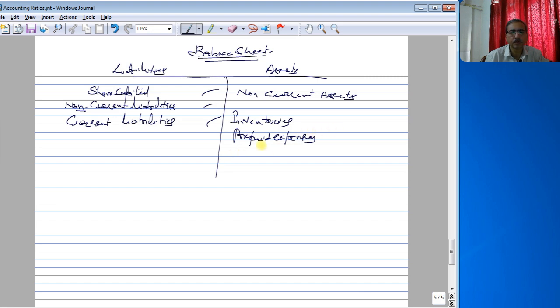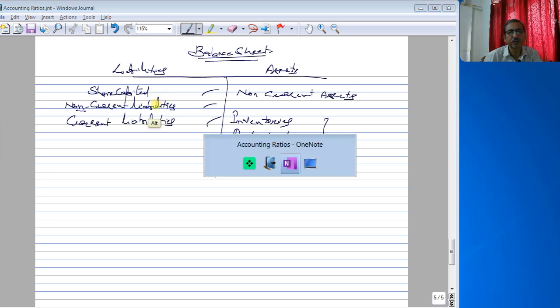These are also current assets, but I will write it differently because that will help you to understand the quick ratio or quick assets. So other current assets, so you don't get confused. The point of going through this is that you have to see which item of the balance sheet is impacted by a particular transaction.